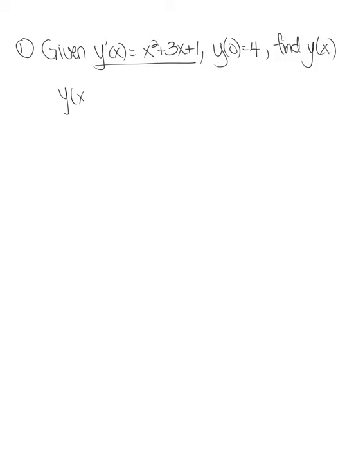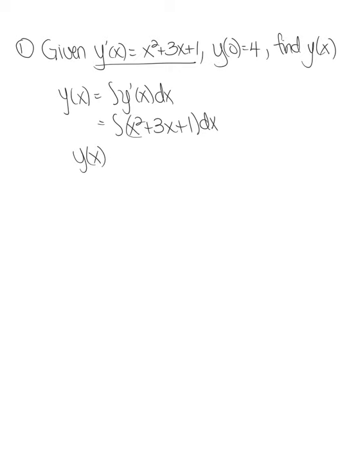So we know that y of x will simply be the integral of y prime of x with respect to x. So in this case, it's going to be the integral of x squared plus 3x plus 1 with respect to x. And when we integrate this, we're going to get 1/3 x cubed plus 3/2 x squared plus x, all plus c.